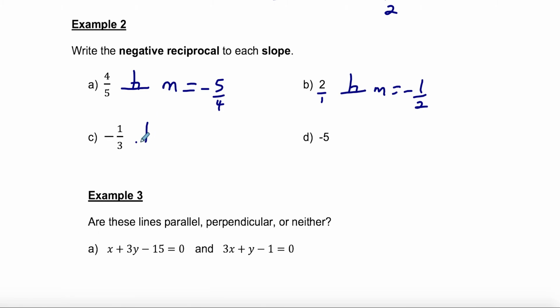The perpendicular slope for negative 1/3 is positive 3 over 1. But normally we don't write 3 over 1. We just write 3. Here, the perpendicular slope for negative 5, remember negative 5 is negative 5 over 1. The perpendicular slope has to be positive though, so it would just be 1/5.